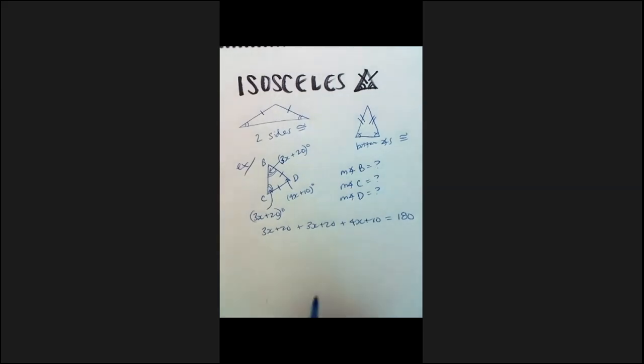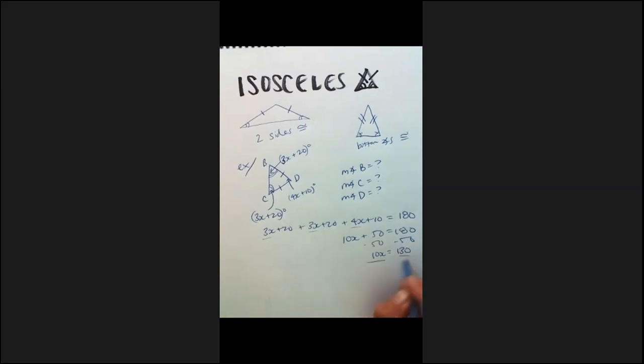So what we're going to want to do now is combine like terms and find the value of x. Combining like terms, subtracting 50 from both sides, and then solving for x, we get 30.